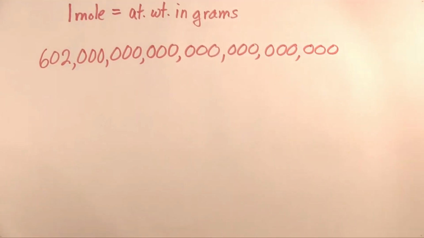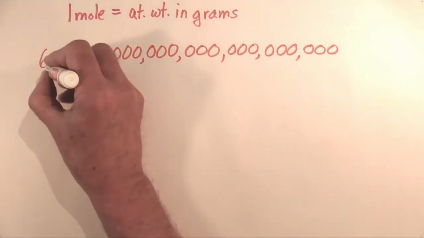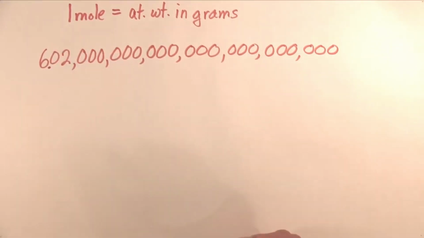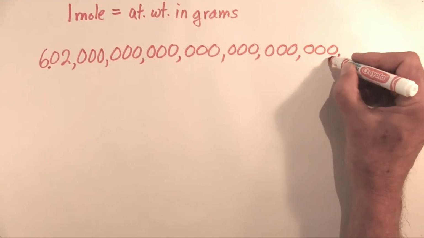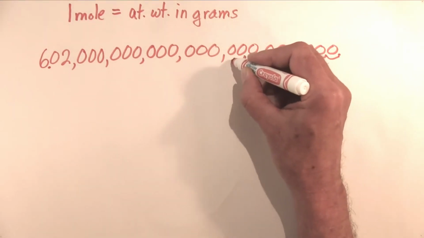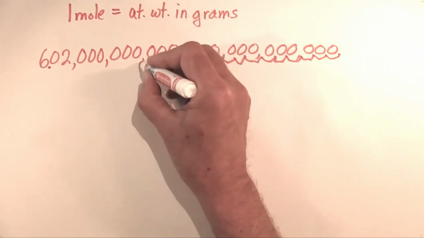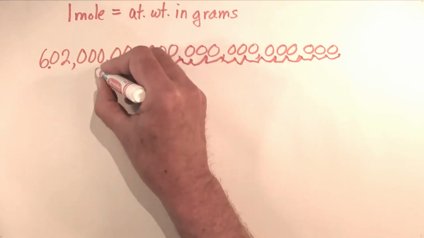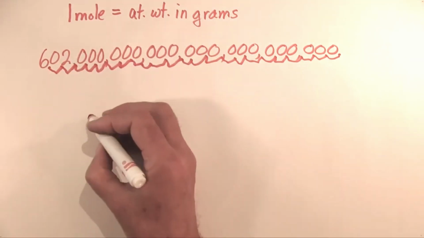So scientists and engineers and all kinds of people use scientific notation. We say, let's put that into scientific notation where we put the decimal point here. The decimal point was originally here, so we had to move it 1, 2, 3, 4, 5, 6, 7, 8, 9, 10, 11, 12, 13, 14, 15, 16, 17, 18, 19, 20, 21, 22, 23 times.